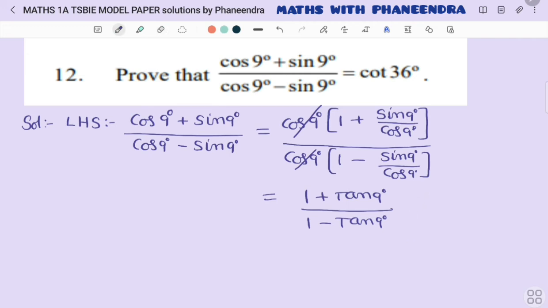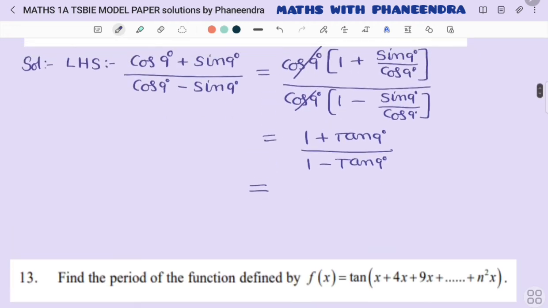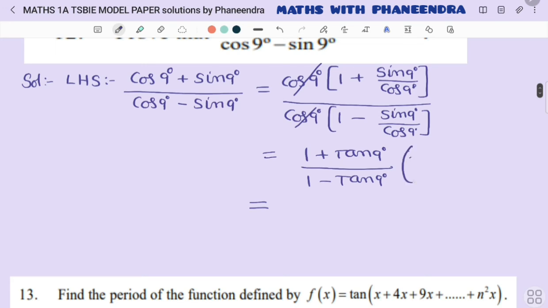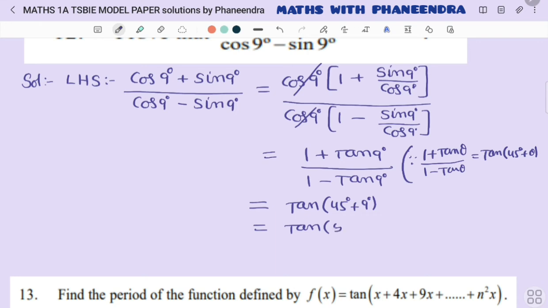Here I will mention that 1 plus tan theta divided by 1 minus tan theta can be written as tan of 45 plus theta. So in place of theta, what value is there? 9 degrees is there. So tan of 45 degrees plus 9 degrees, that is equal to tan of 54 degrees.